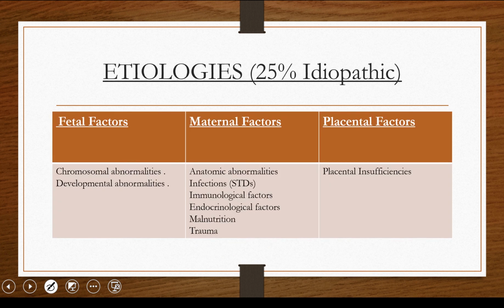Fetal factors may include chromosomal abnormalities and developmental defects, whereas maternal factors include anatomic abnormalities such as uterine anomalies, and infections like STDs and TORCH infections. Immunological factors may include autoimmune diseases, for example SLE. Endocrinological factors include maternal diabetes and hyperthyroidism and many more. Malnutrition and trauma as well. Placental factors include placental insufficiency.